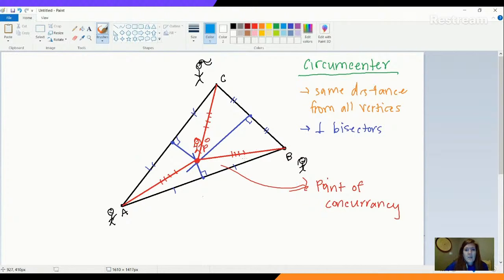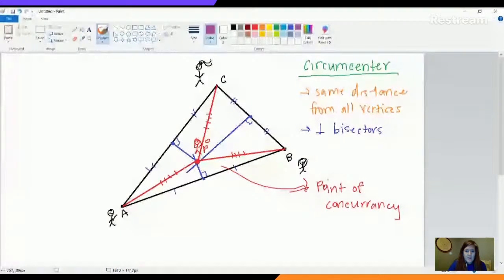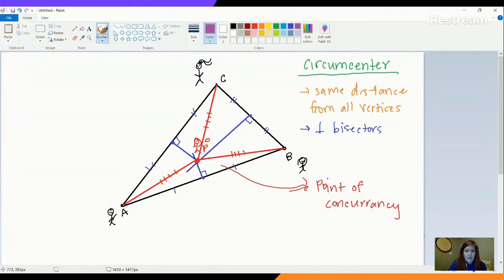The other interesting thing, this is the last thing, and you're going to have to hope that I can do a good job drawing here. Think about this point of concurrency and how each of these are equidistant away. This kind of reminds you of radius, right? If you have a center point and every point is equidistant away, it reminds you of radius. And that's not just a coincidence.